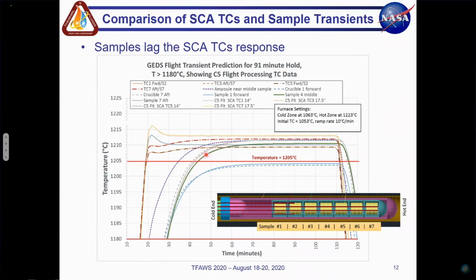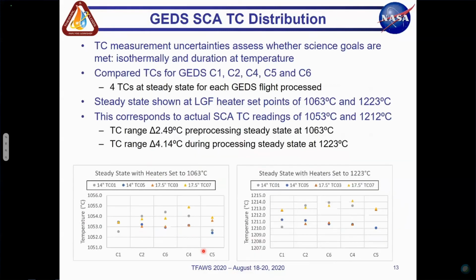This lower curve is sample 1, the one closest to the cold end, and as we go farther out, it's closer to sample 7. The gray line is sample 7, and the gray dash line is the crucible for sample 7. So you can see it does lag the furnace by a good bit.